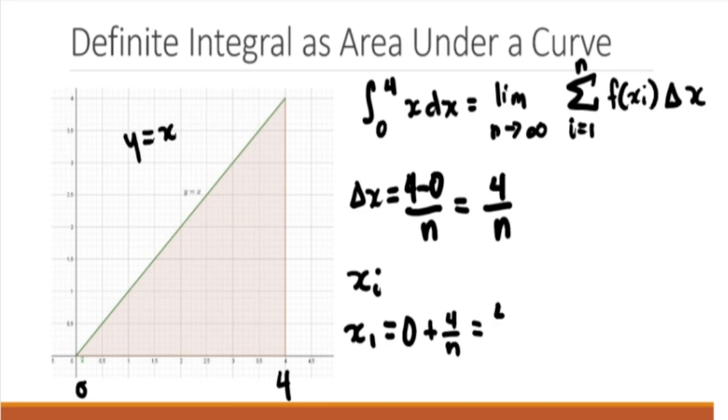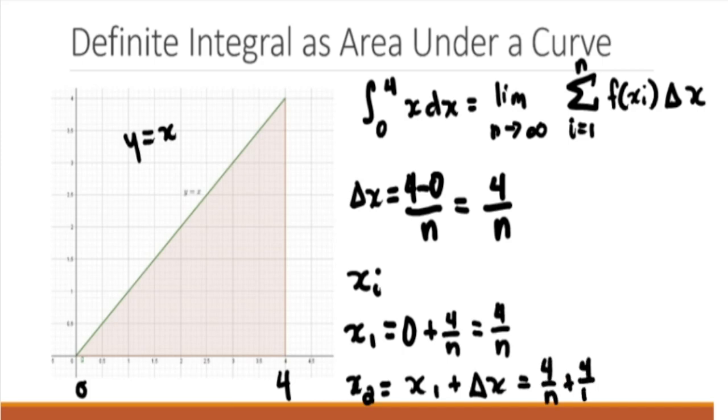So, this is 4 over n. Yung x sub 2 natin, this is x sub 1 plus delta x. Or 4 over n plus 4 over n, which is 8 over n.